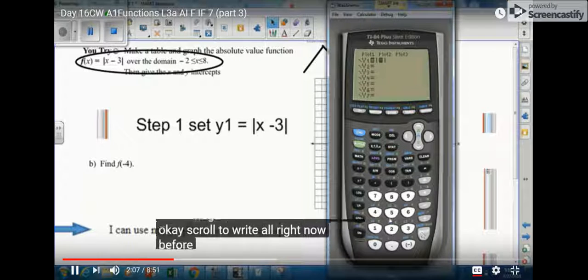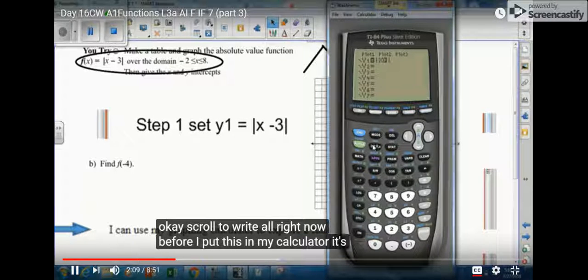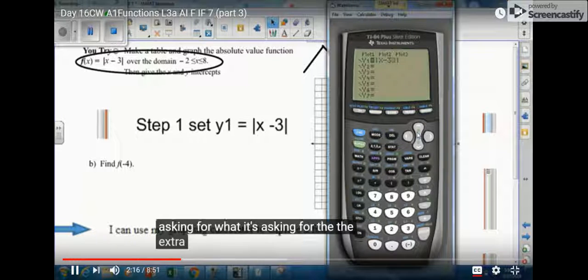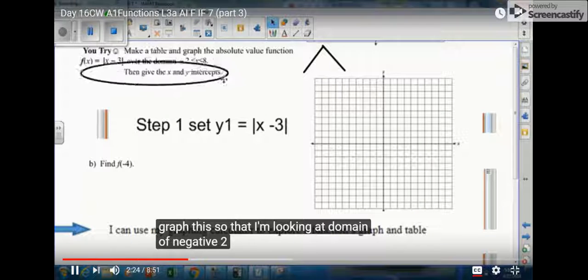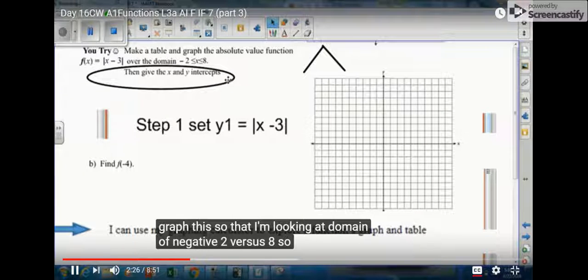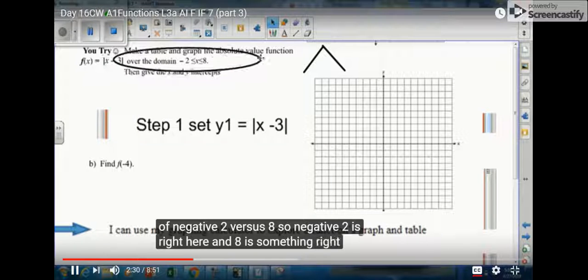Now before I put this in my calculator, it's asking for what? It's asking for the x and y intercepts. But I also need to graph this so that I'm looking at a domain of -2 versus 8. So -2 is right here, and 8 is somewhere right here. We want to bear that in mind.